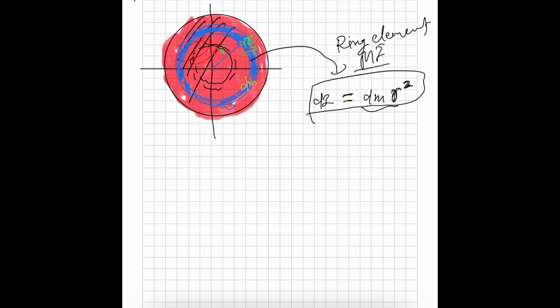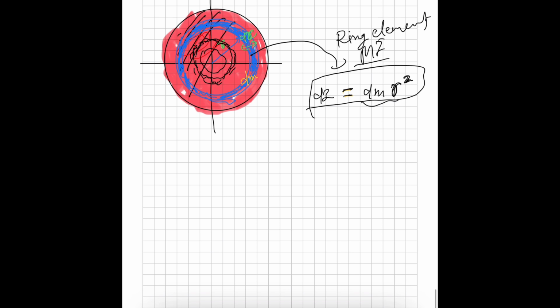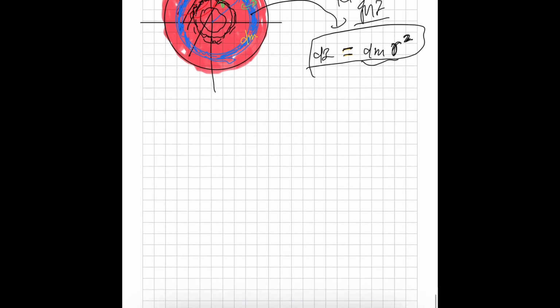We can assume this disk to be made of these smaller rings and some bigger rings, and summing them up will give us the moment of inertia of this disk.